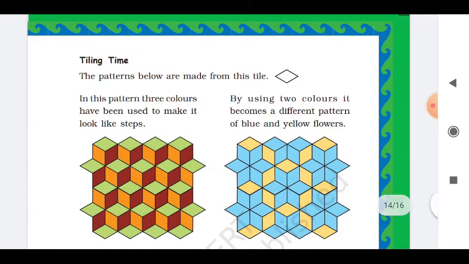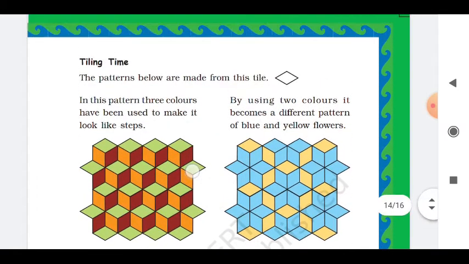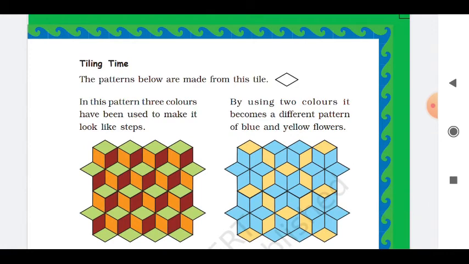Tiling time. The patterns below are made from these tiles. See, in the below pattern they are made up of this diamond shape tile. In this pattern, three colors have been used to make it look like steps. See, two colors they have used. By using two colors, it becomes a different pattern of blue and yellow flower.